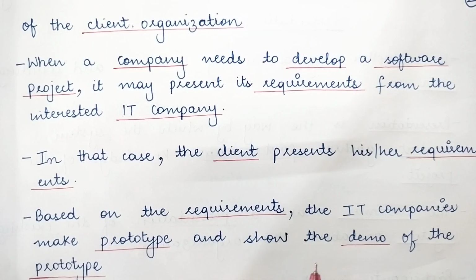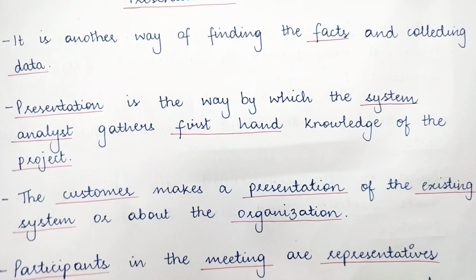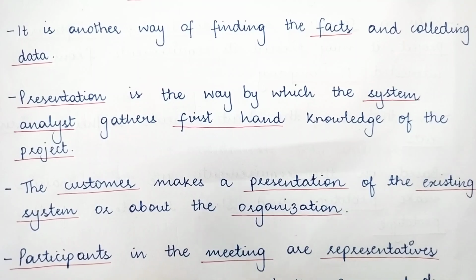So from the client side, there are only key personnel from the organization, that means people who are at the higher positions, and the rest of the members are the representatives of the IT company.